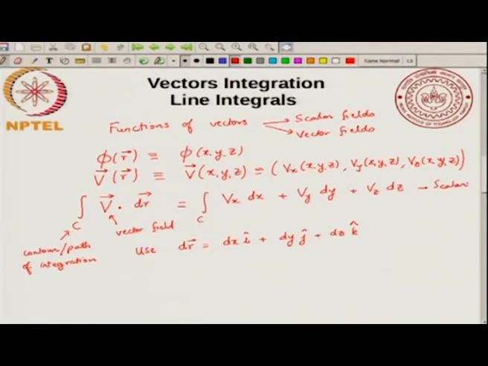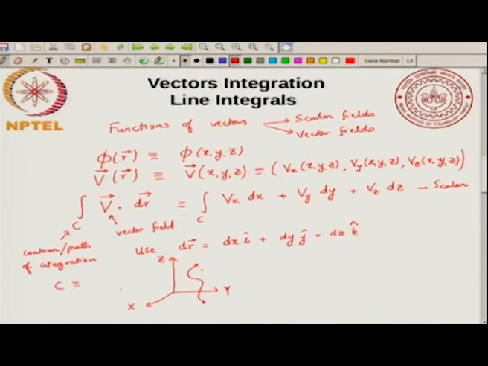What is this contour? A contour is some path. If you take this as my space, x, y, z, this is some path. It has some initial point and some final point, but the contour is not just specified by the initial and final points, it is also specified by the path.